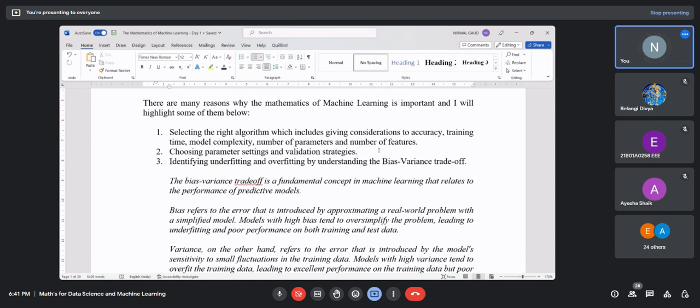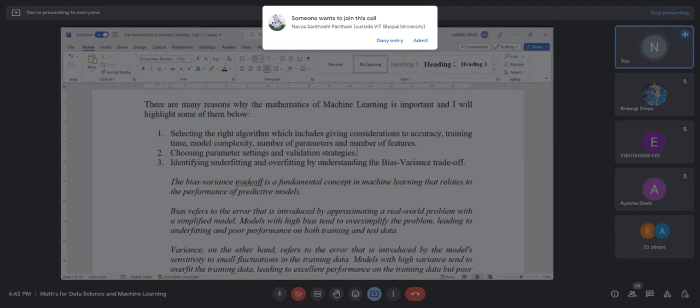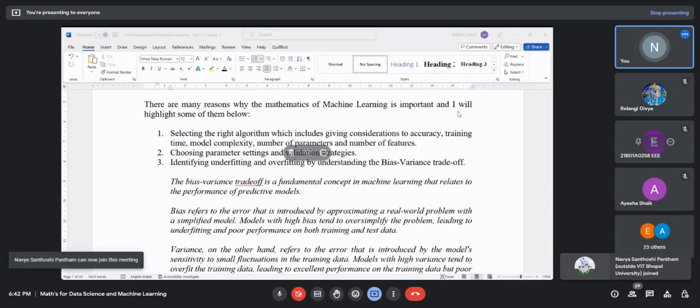We need to apply modeling, meaning we have the data and we need to apply a model. So which algorithm is better suited for this problem statement, whatever the problem statement given to us, in terms of accuracy, training time, complexity, and the number of parameters needed for that particular model?